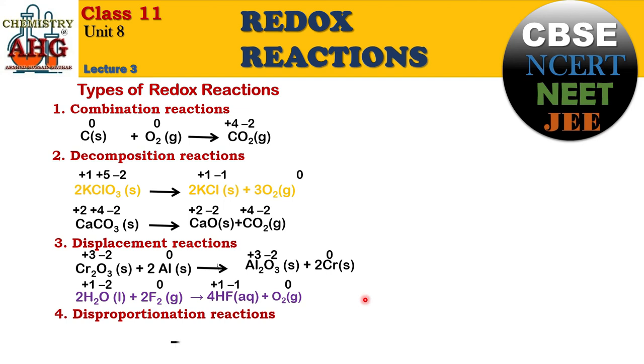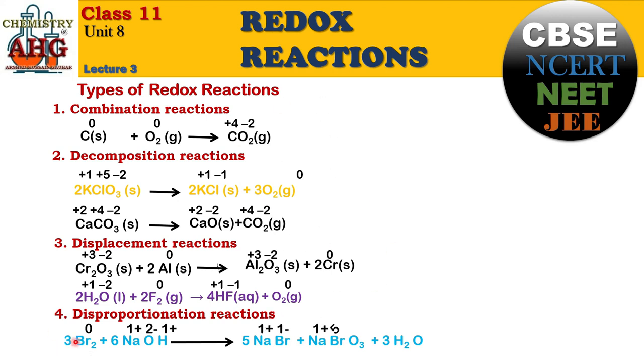Now you can remember one more example in this case. If we react bromine with sodium hydroxide, this is a disproportionation reaction. Why is this a disproportionation reaction? If you write down the oxidation states, what will you come to know? You will come to know that during this reaction, bromine has been oxidized from 0 to +5.